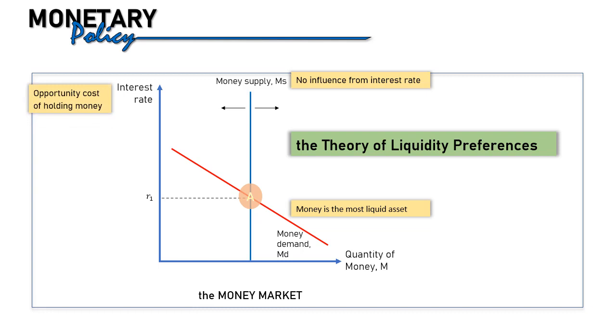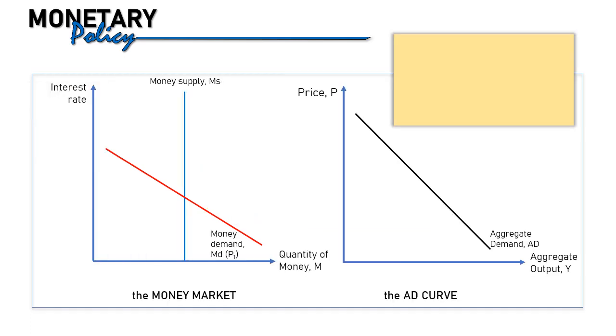If interest rate is high, the opportunity cost of holding money is high too. So people prefer holding less money. With high interest rate, he or she can get the interest return from buying interest-bearing bonds or interest-bearing bank accounts.